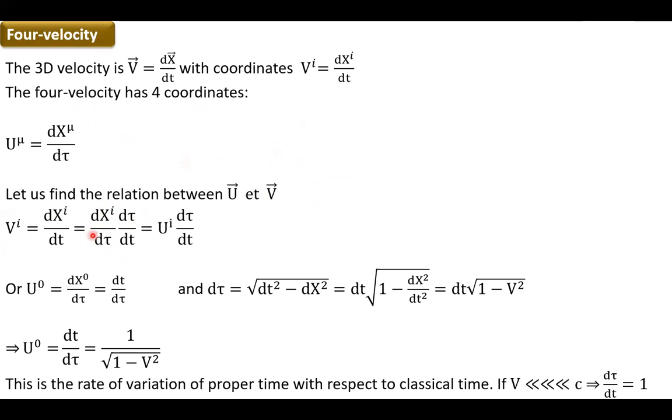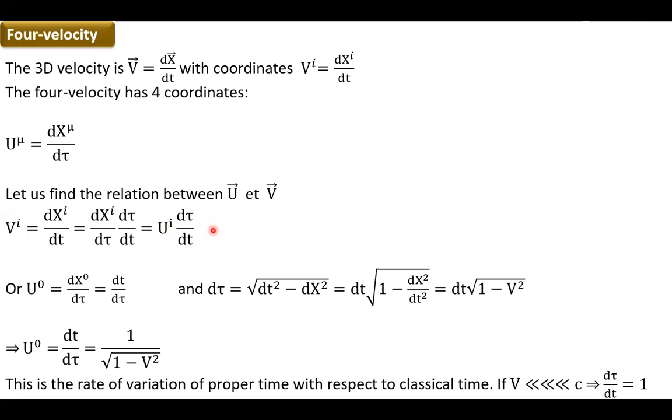The dxi over d tau are the 3 spatial coordinates of the 4-velocity: u1, u2, u3, dx1 over d tau, dx2 over d tau, dx3 over d tau, times d tau over dt. So let's find this quantity d tau over dt.